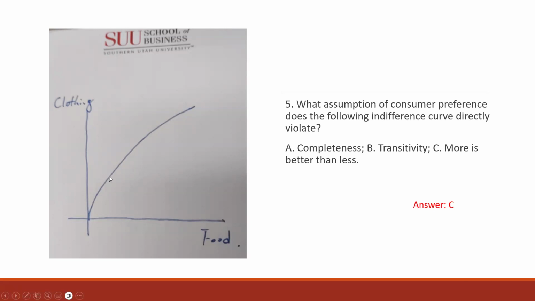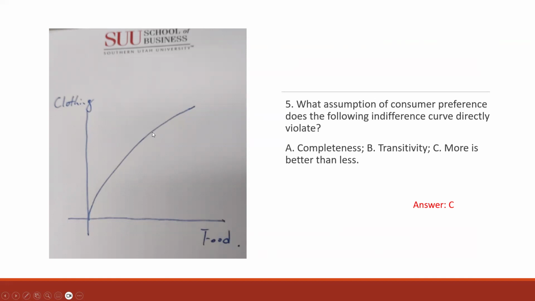Because here, if you take 2 points, the first one closer to the point of origin, the second one farther from the point of origin, and because these 2 points are located towards the northeast, right? The one that is farther out should be preferable to the bundle that is closer to the point of origin, because the one that is further out is corresponding to both higher in clothes and higher in food.